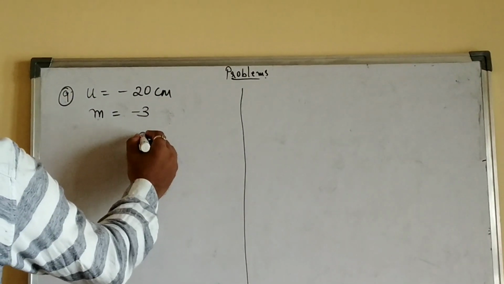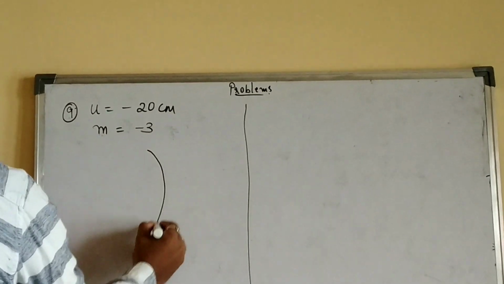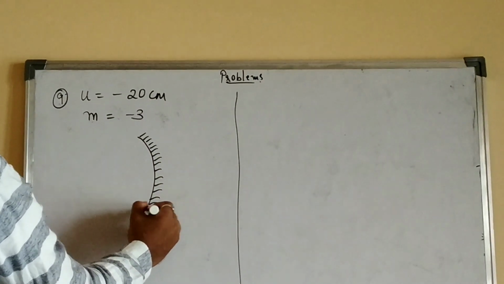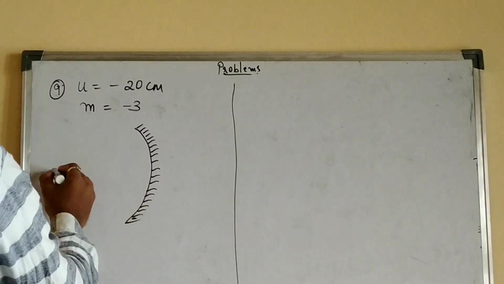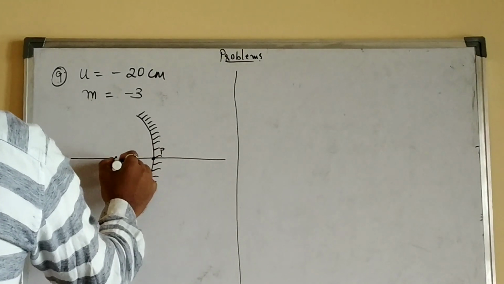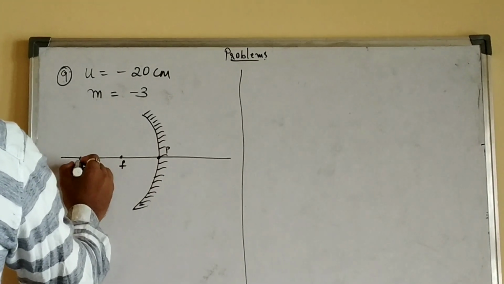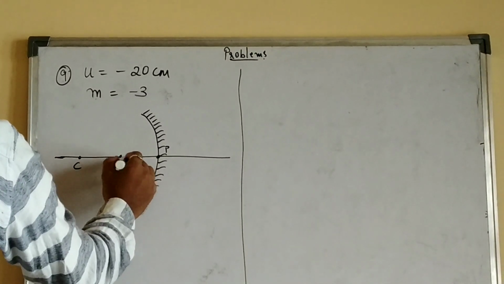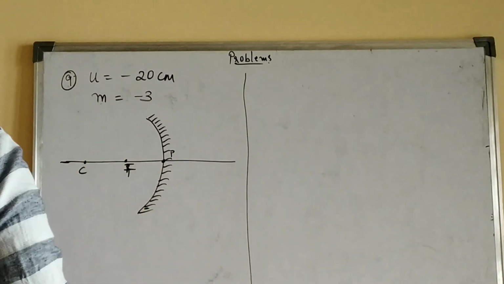Now, see, you have a concave mirror. Now you have principal axis. Here you have pole. Here you have focal length. Here you have center of curvature. Sorry, this is principal focus, then center of curvature.